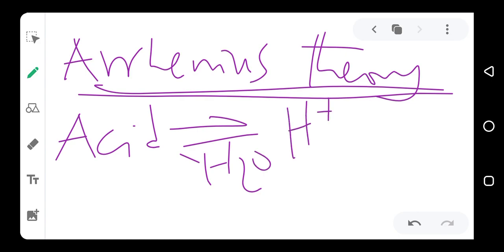That is for Arrhenius. So hydrogen ion must be present and water must be present for a substance to be called an acid according to Arrhenius, because the substance must dissociate or break up in water to produce hydrogen ion.